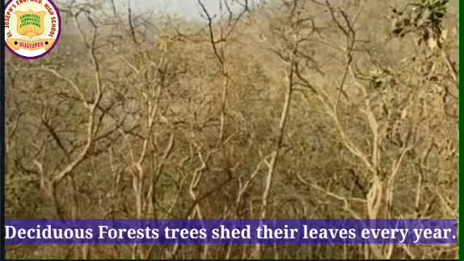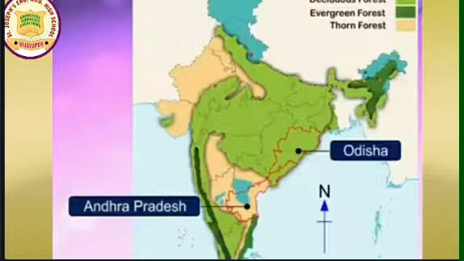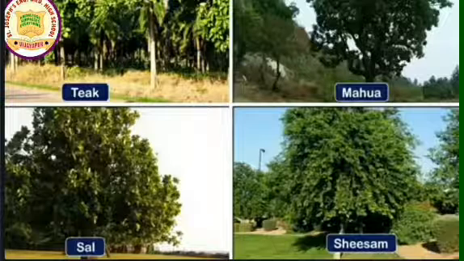In India, deciduous forests are found in the foothills of the Himalayas and the Deccan plateaus, as well as in states like Andhra Pradesh, Odisha and Bihar. The main trees in these forests are teak, mahua, sal and sesame.